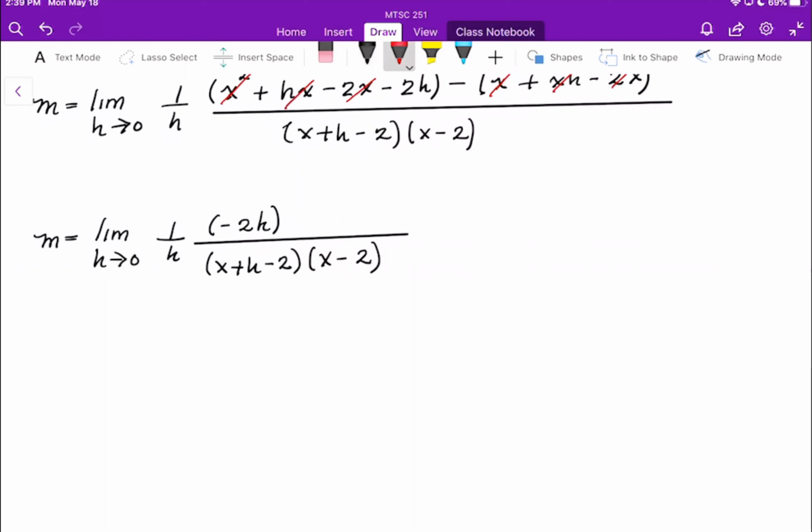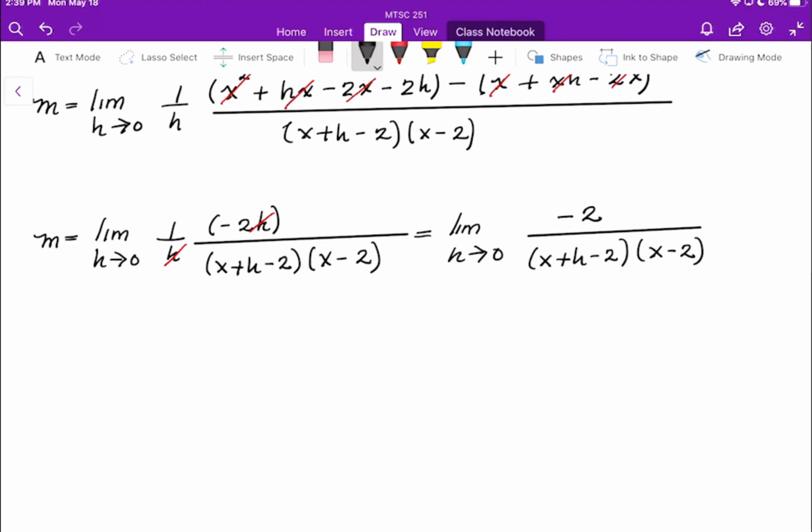So now we can divide out the h's, and we get that this is the limit as h approaches 0 of negative 2, which is what we have in the numerator. And then the denominator, we have x plus h minus 2 times x minus 2.